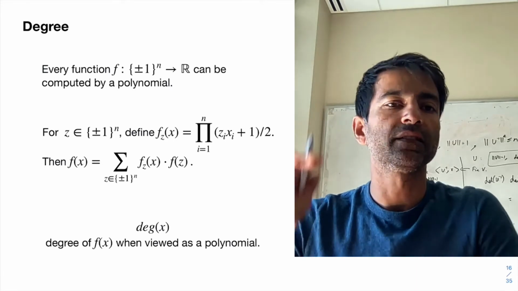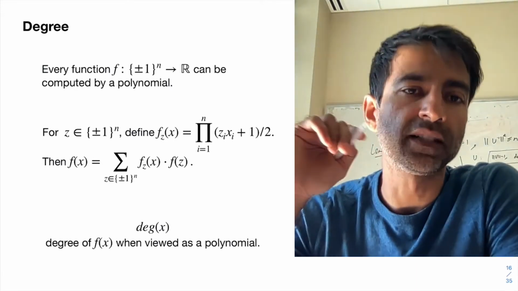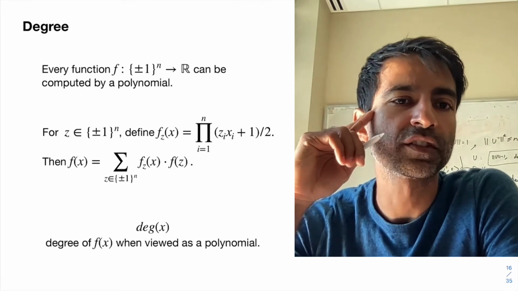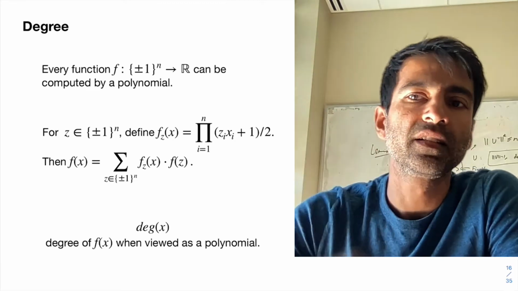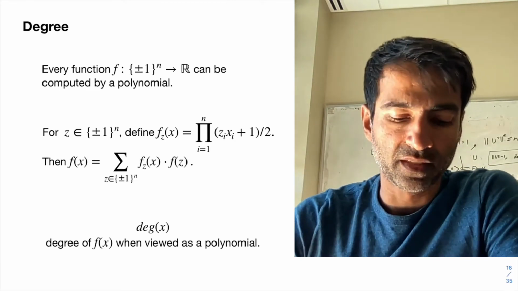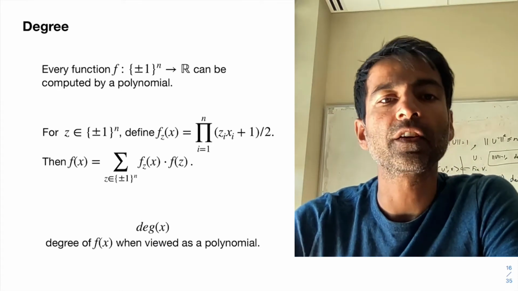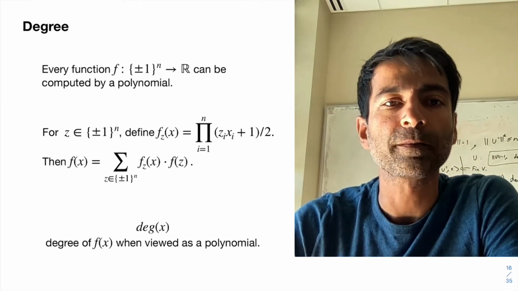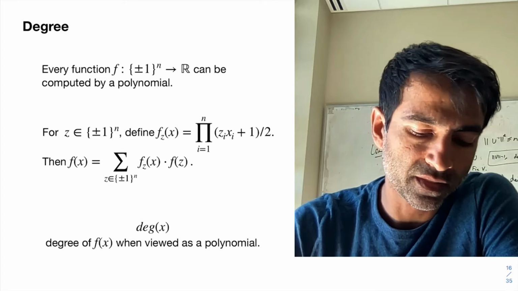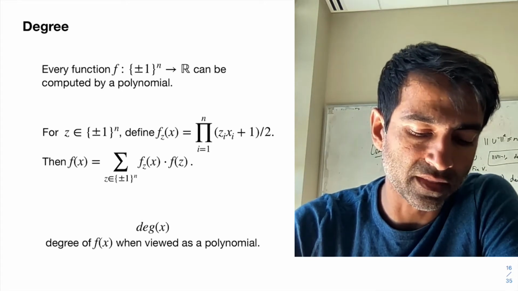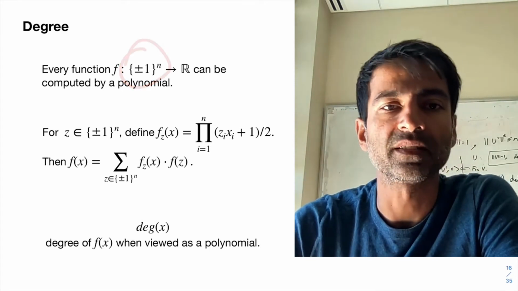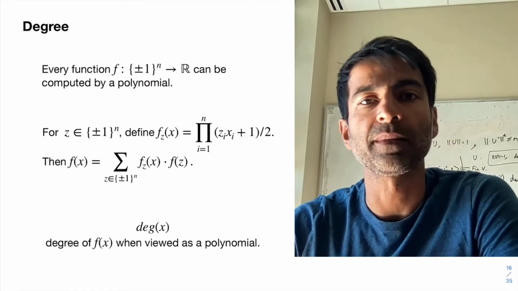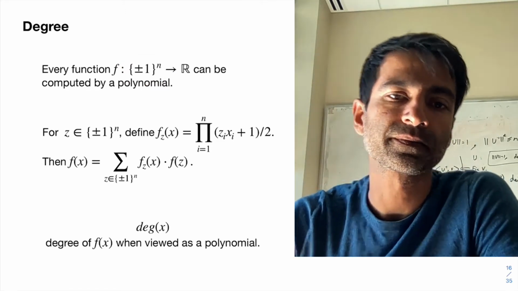And finally, the fourth measure that we're going to talk about is a very old measure, the degree of the function. This comes from thinking of the function as a polynomial. In fact, every function that takes inputs from plus minus 1 to the n and maps them to a real number can be thought of as a polynomial.